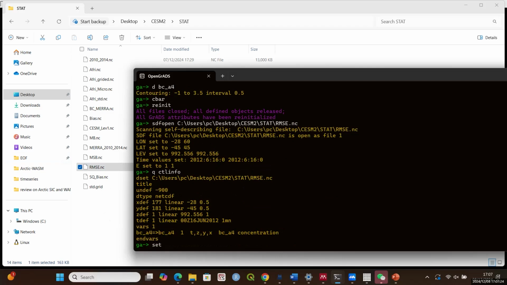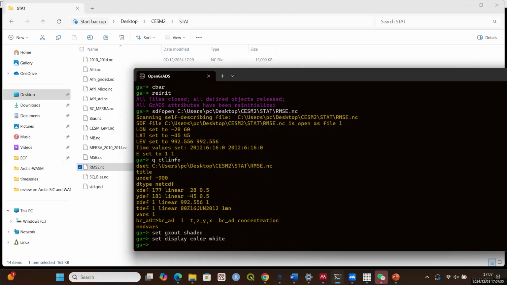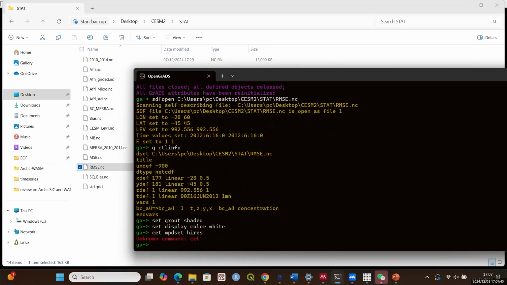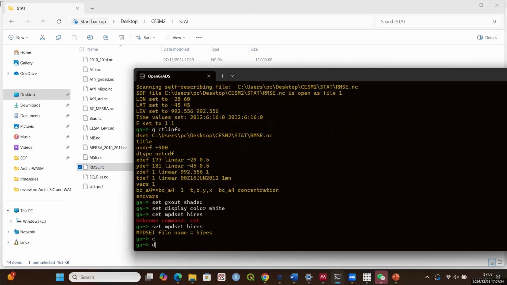So set gxout shaded, set display color white, set bd, set has, has C. Then we have to display this one.